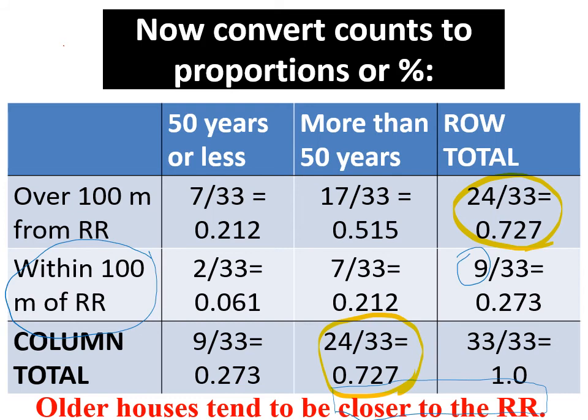Once we then start to control for whether or not it's an old house or a young house, so young, if you will, or new and old, and then whether or not it is far away or close, then we can start to answer our original question. And in general, what this suggests is that older houses tend to be closer to the railroad.